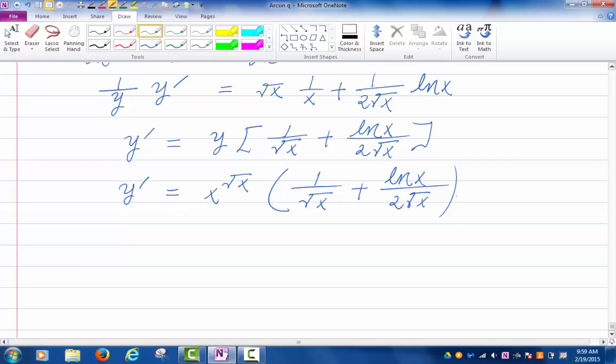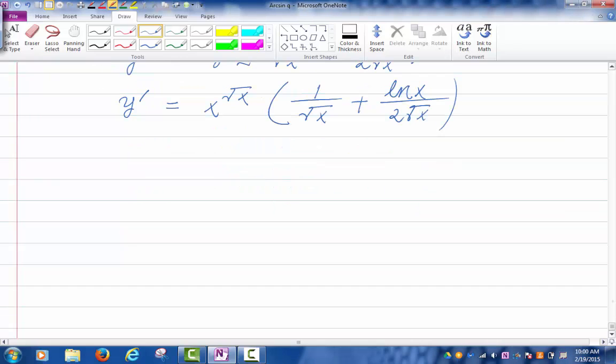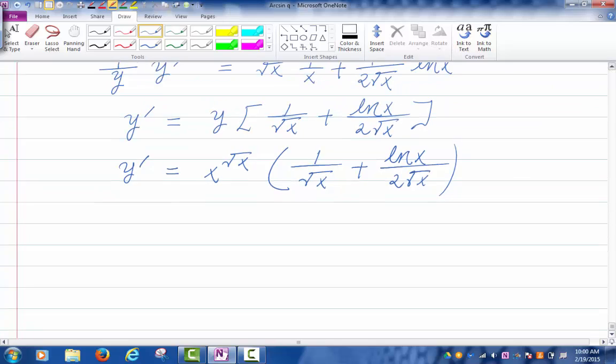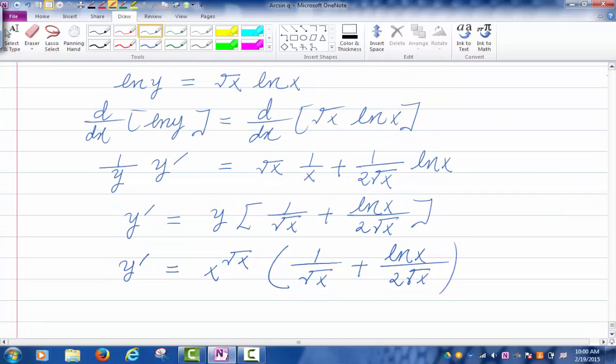That's what I have. But what is x to the half over x? You're going to subtract the exponents, right? 1 minus a half, that will be x to the half. But what is 1 over x to the half? That's 1 over root x. So that's the explanation there.